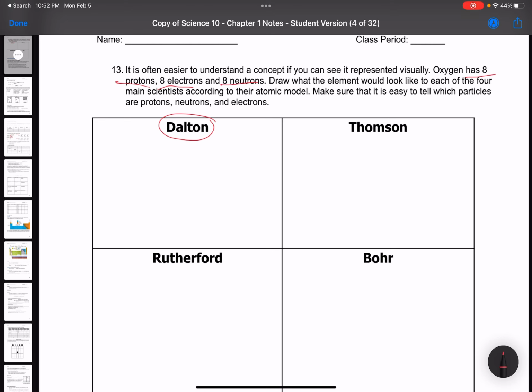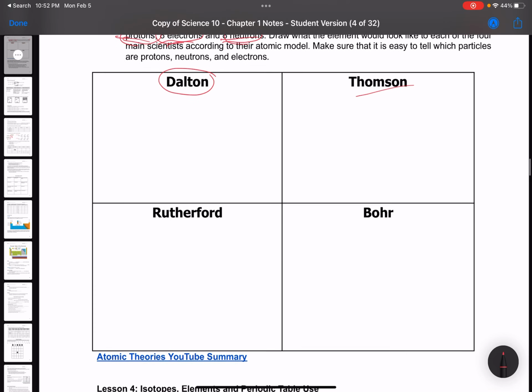If you told John Dalton to draw you an oxygen atom, he wouldn't have drawn it with protons and electrons and neutrons because he didn't know that those existed yet. So you're going to draw, what did Dalton see oxygen looking like? And what did Thomson see oxygen looking like? So only include these things if the scientists actually knew about them. And if they did know about them, make sure you put them where they belong. Okay, so you're going to draw me a Dalton, a Thomson, a Rutherford, and a Bohr model.